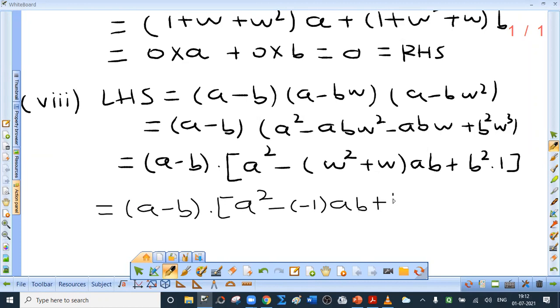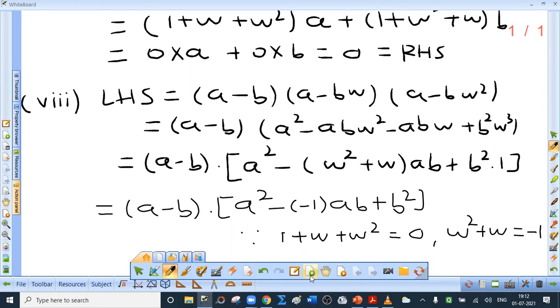I'll tell you the reason. 1 plus omega plus omega square equals 0. So what is omega square plus omega? It is nothing but minus 1. You can write minus 1 directly, but you have to mention the reason for that.